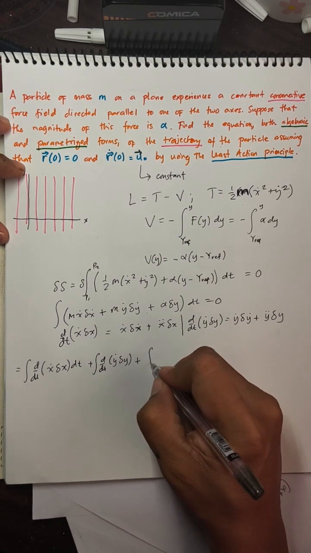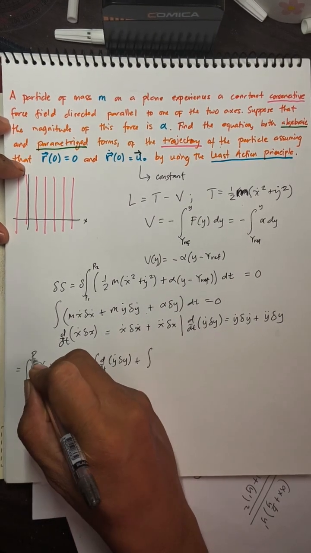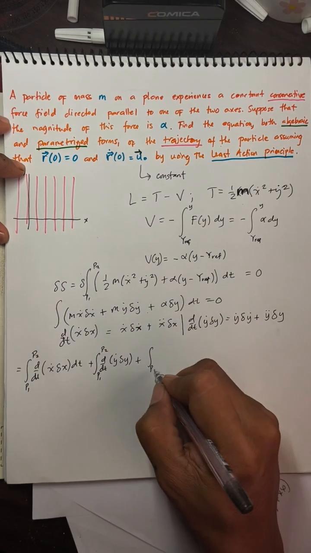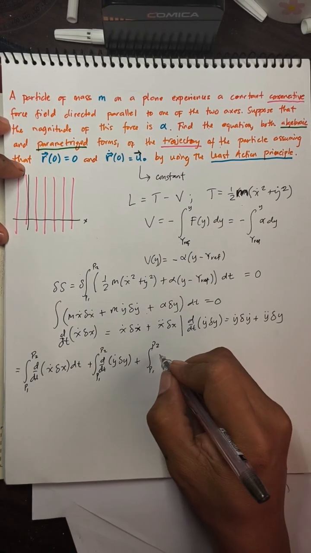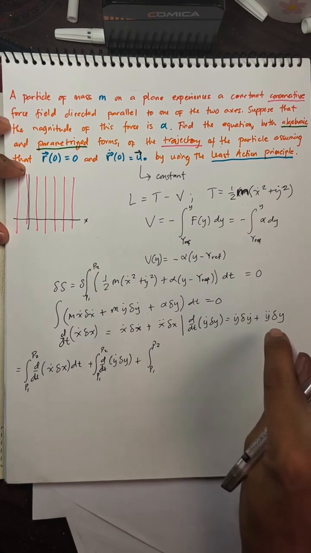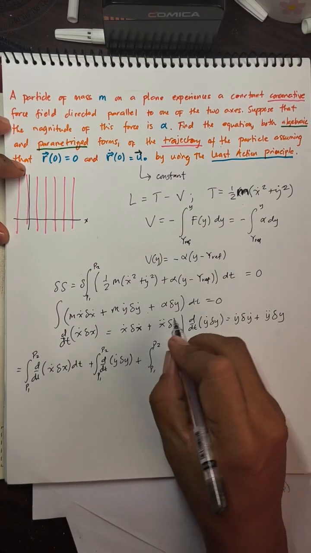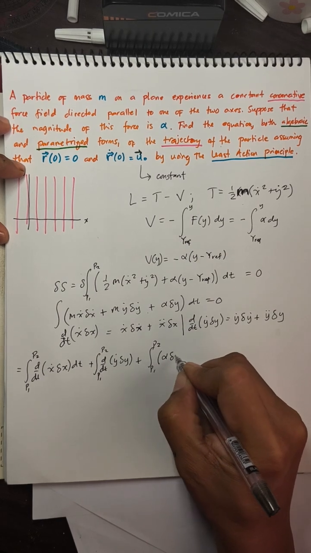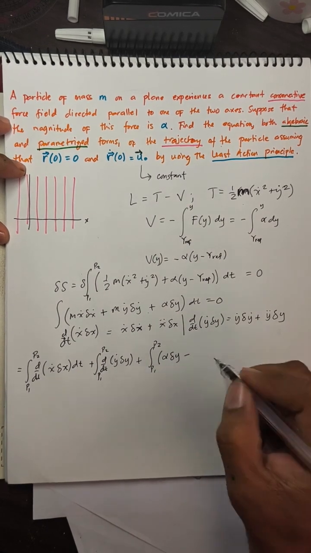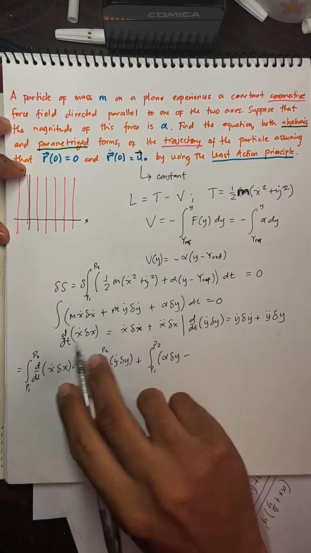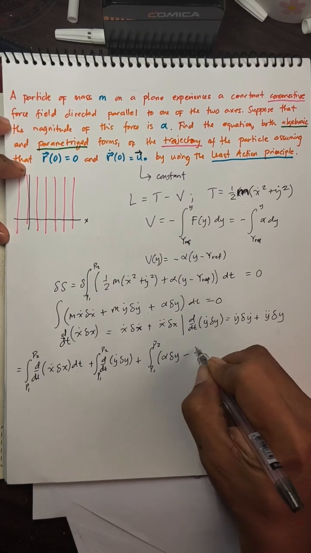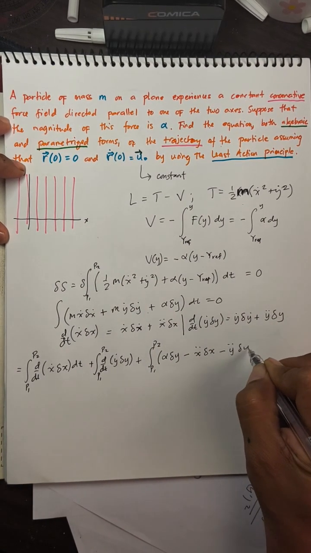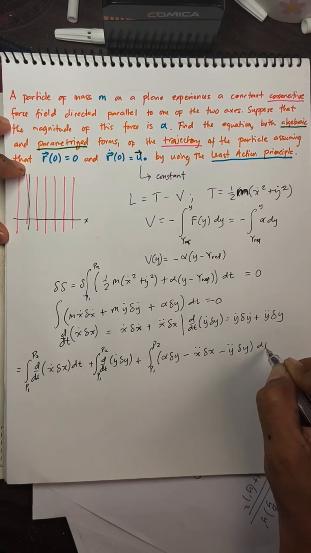This is evaluated from point 1 to point 2, and since these two are negative now, we have alpha delta y minus x double dot delta x minus y double dot delta y, dt equals 0.